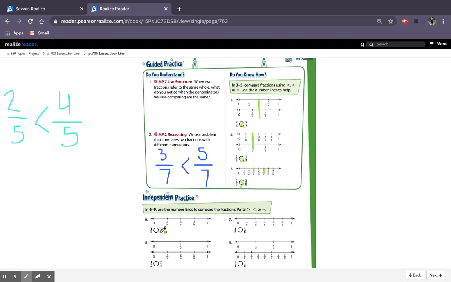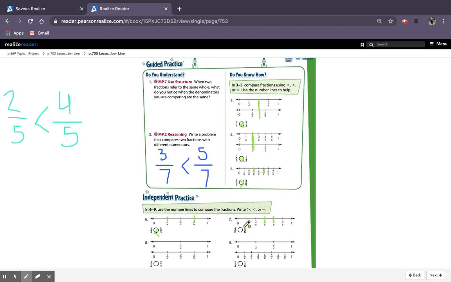For number 6 through 9, for this whole bottom part, it just says to use the symbols again. So what we did for number 3, so 1/4 and 3/4. 1/4 is here. 3/4 is here. So I know 3/4 is closer to 1, so 3/4 is larger. And then 4/6 and 3/6.